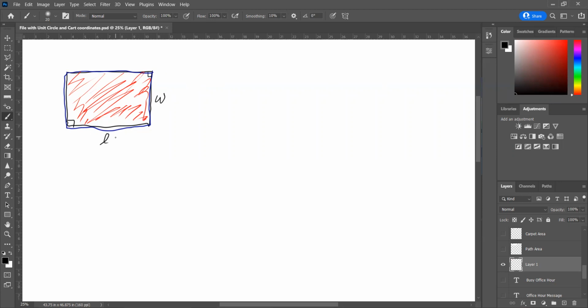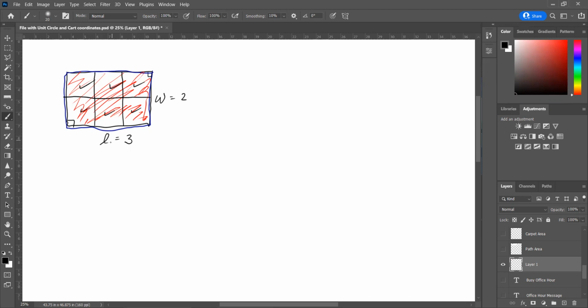If we said the length of this particular rectangle was 3 and the width was 2, then I could divide this length side into thirds and divide the width side in half, and we can see that I end up with 6 shapes in here.